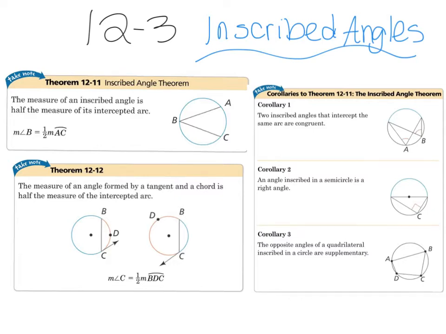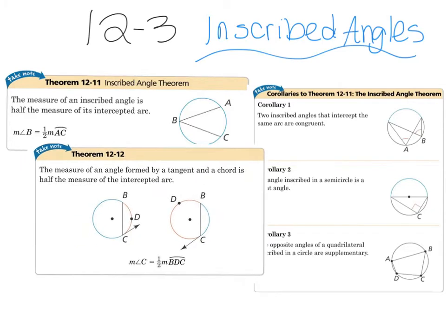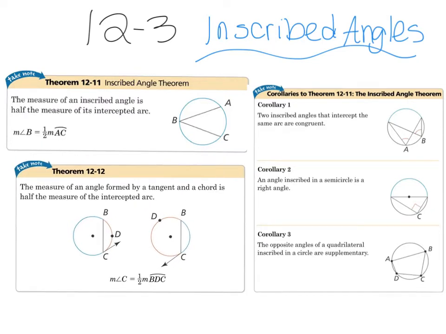The second theorem you need to know is theorem 12.12. It does not have a name. The measure of an angle formed by a tangent and a chord is half the measure of the intercepted arc. If you look at the picture on the first one, you have the circle, a chord BC, and a line that is tangent.